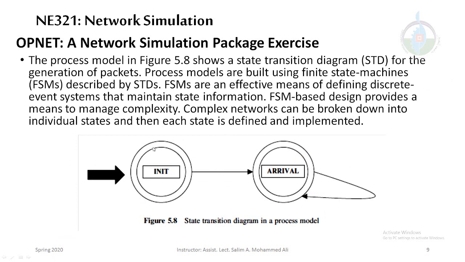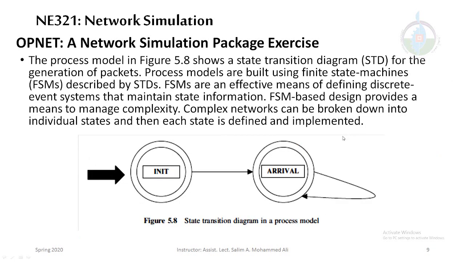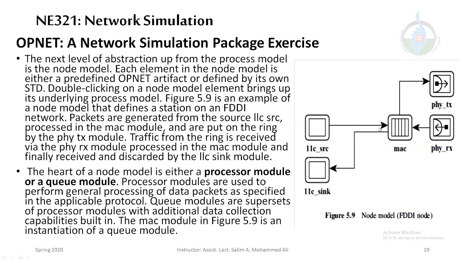These finite state machines are encapsulated using these blocks, which are somehow not understandable as well, but you can figure out what these are responsible for. Okay. Each element in the node model is either a predefined OpNet artifact or defined by its own STD. Sometimes if you double click for the node model, you will not get a finite state machine because it might be the simplest way of representation.